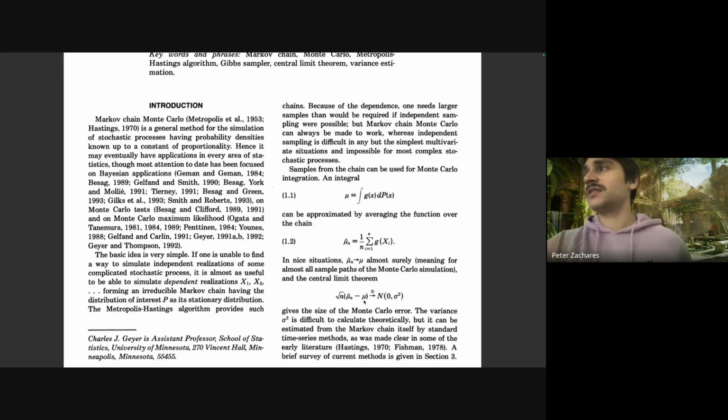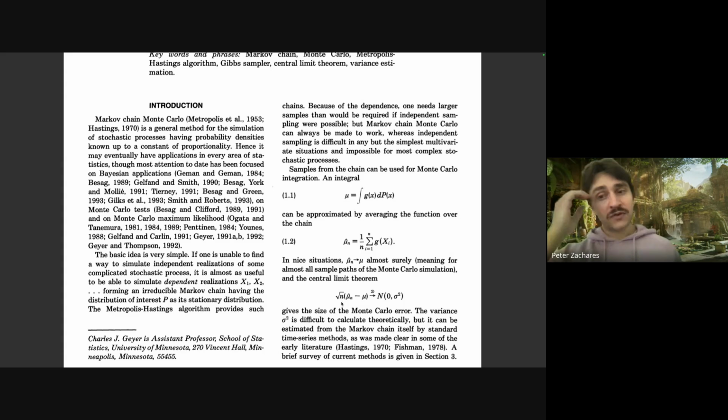And the reason why the central limit theorem is so powerful is because you know that the variance of the error between the sample mean and the actual mean decreases in size with the square root of the number of samples.